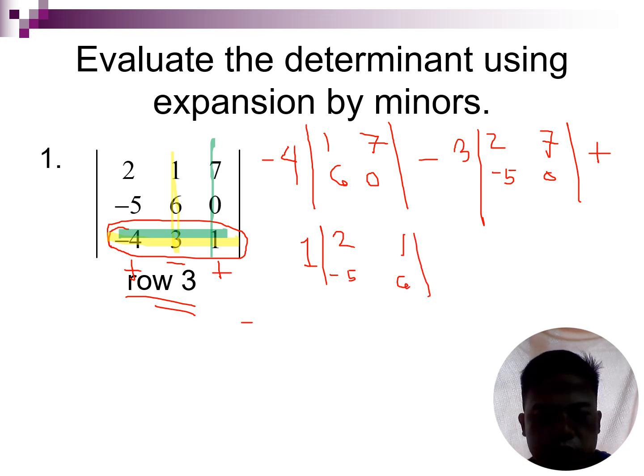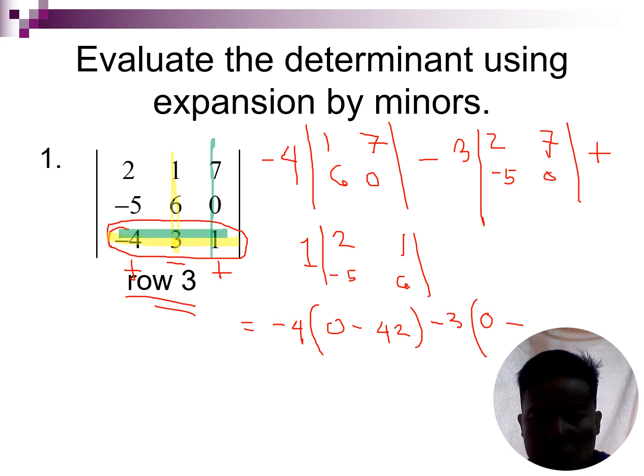Now the minor of negative 4. Let's try. We have 0 times 1, which is 0. 6 times 7 is 42, so 0 minus 42. And then we have the negative 3. 2 times 0 is 0, minus negative 5 times 7, which is negative 35.